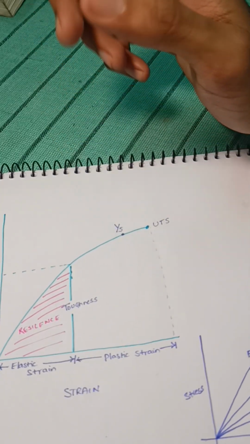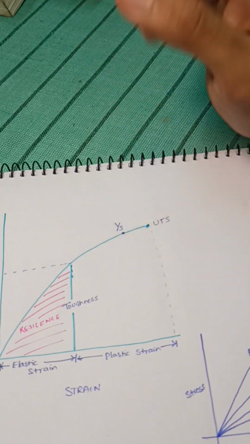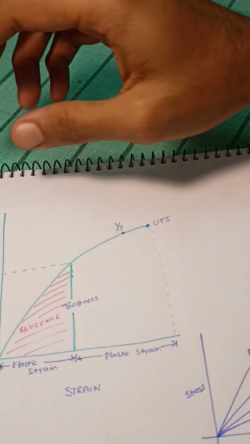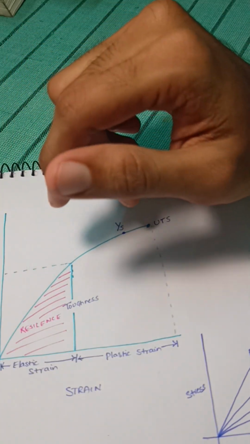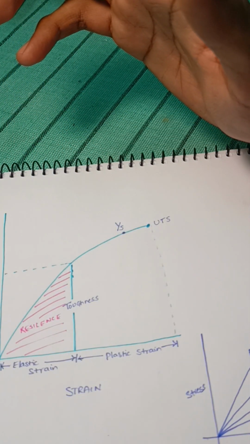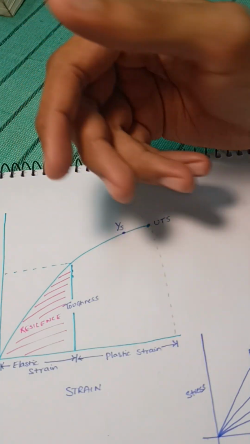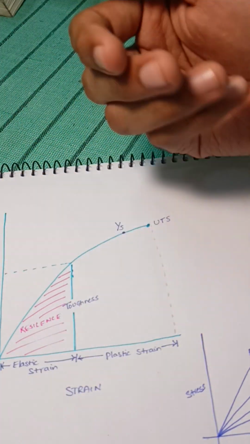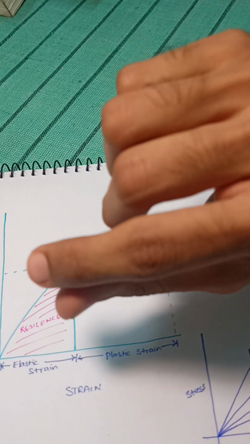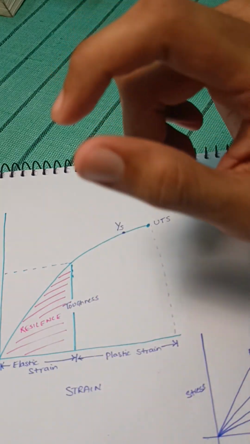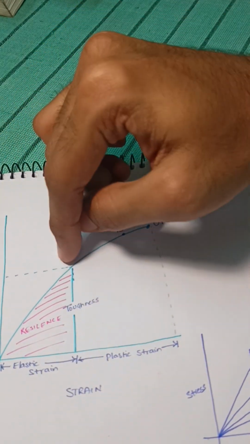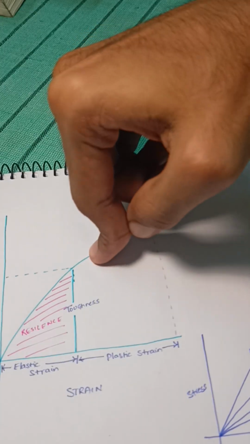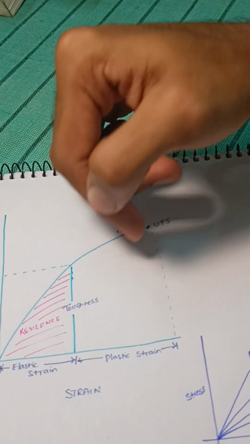Now we have skipped one word called yield strength, or proof stress. That is the main thing we do in orthodontics during wire bending. We bend the wire into some sort of position, so we place the wire into plastic strain only.